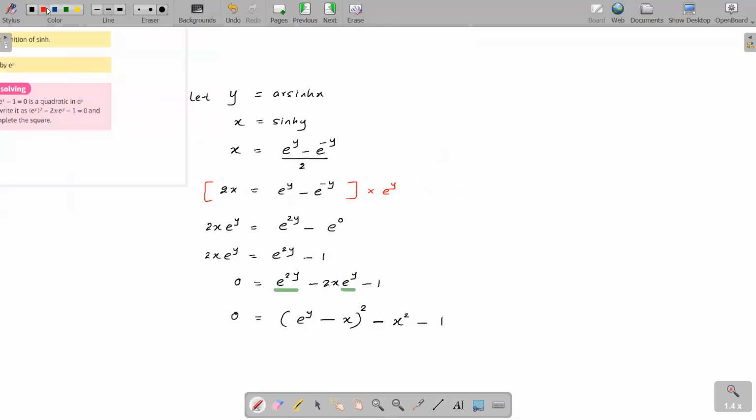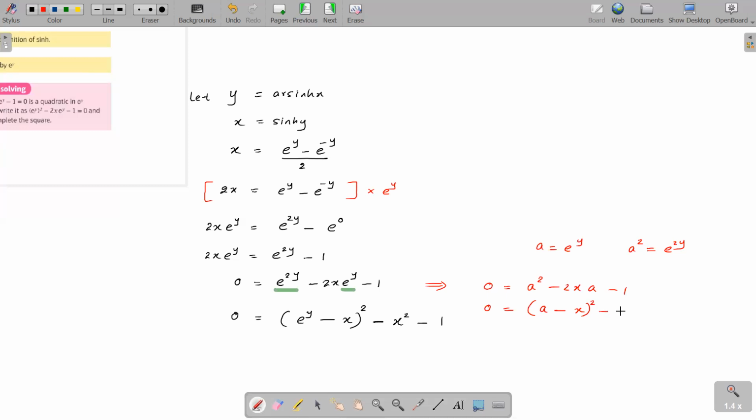Just to show you, if I do it in the alternative way: 0 equals, instead of e to the power 2y, a squared minus 2x a minus 1. Here a is e to the power y, which means a squared is e to the power 2y. So if you complete the square, you open the bracket, and instead of a squared you write a minus half the coefficient of a, which is x, because 2x divided by 2 is x.